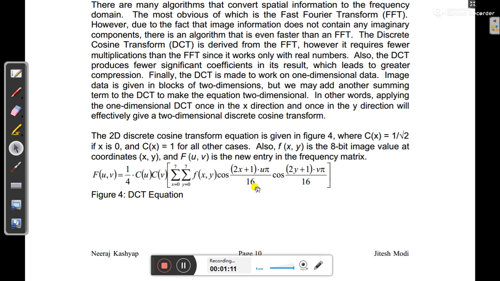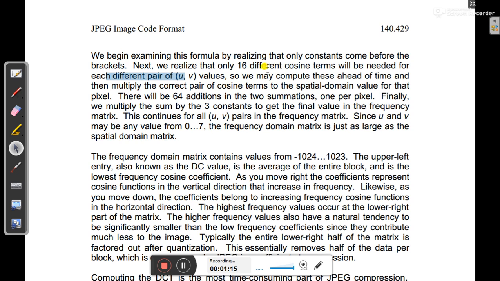So 16 different cosine terms will be needed for each different pair of UV values. We may compute these ahead of time and then multiply the correct pairs of cosine terms with the spatial domain value for that pixel.